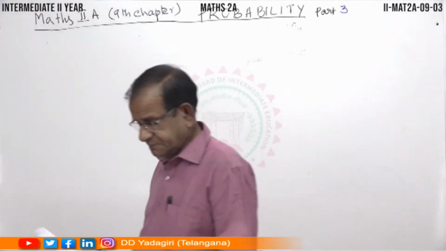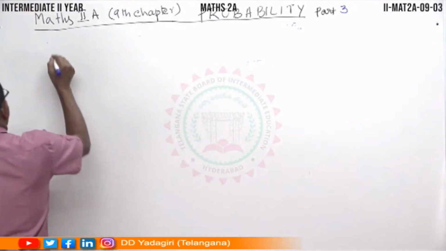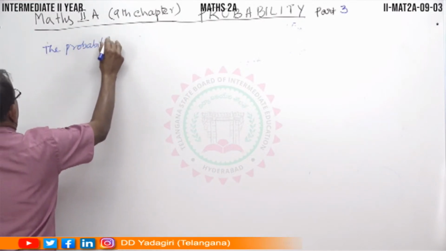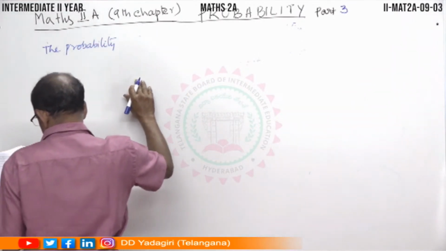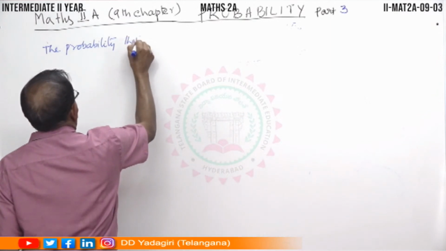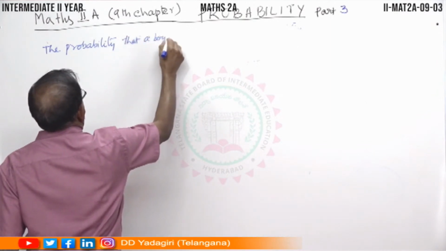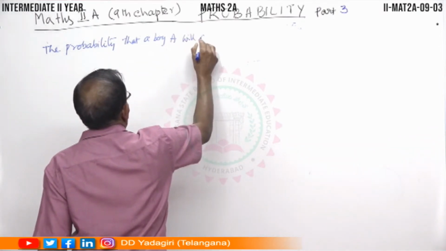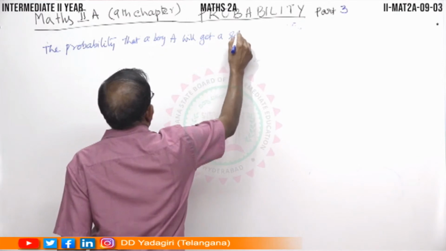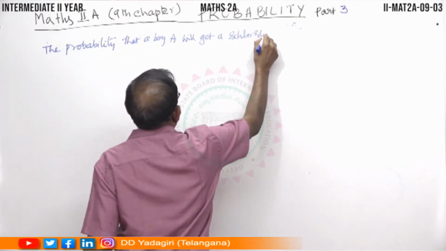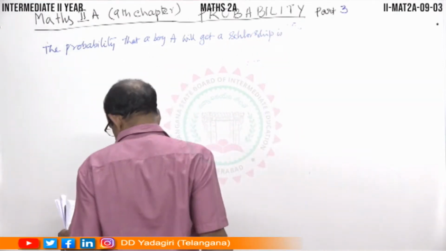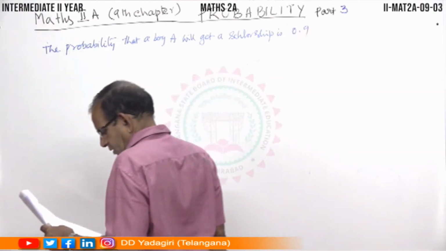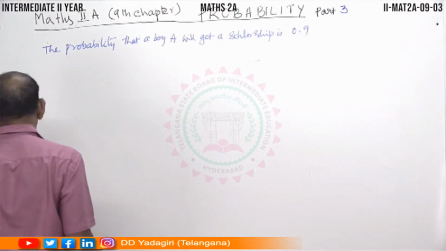Now one more question. The probability that a boy A will get a scholarship is 0.9, and for B it is 0.8.